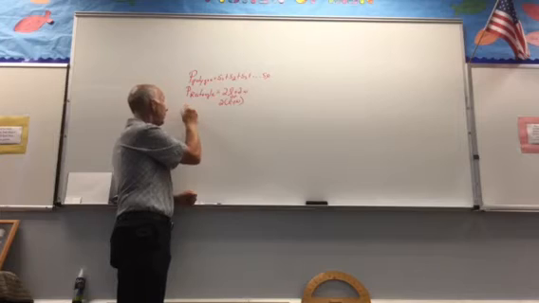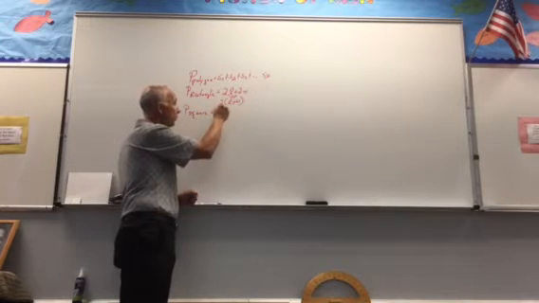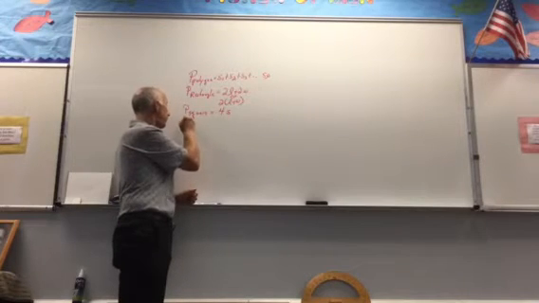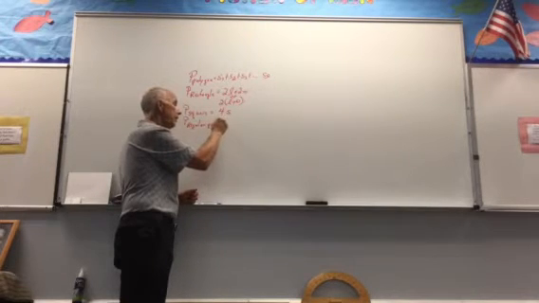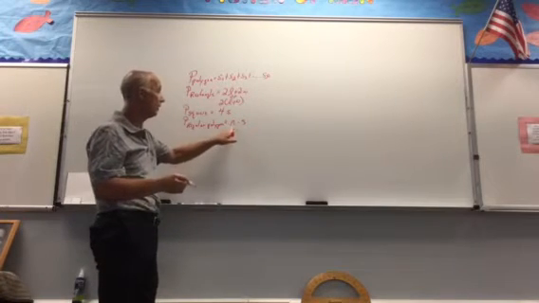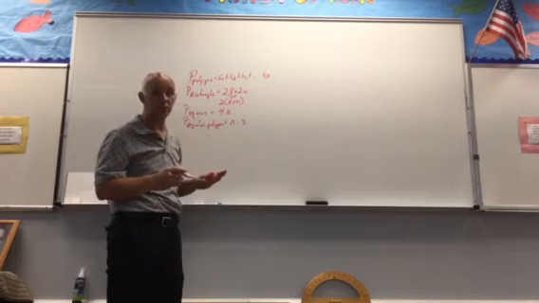And then we had perimeter of a square, which was equal to 4 times the length of the side. And finally, the perimeter of any regular polygon, that's one where all sides are the same, is n times s, which is the number of sides times the length of the sides. Now again, that's what we did yesterday.